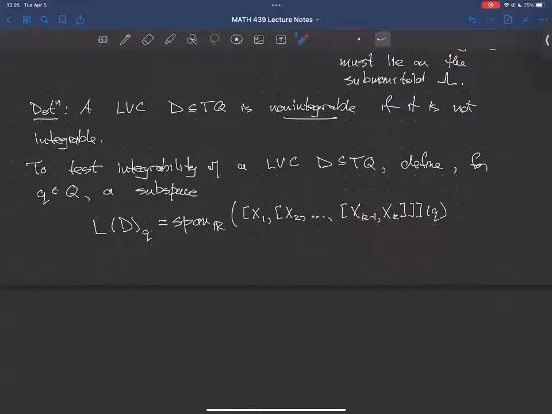I'm going to take the Lie bracket of them, and then take the Lie bracket of those with xk minus 2, and all the way out to x1. That's a thing you can calculate in principle. And what must these vector fields satisfy?